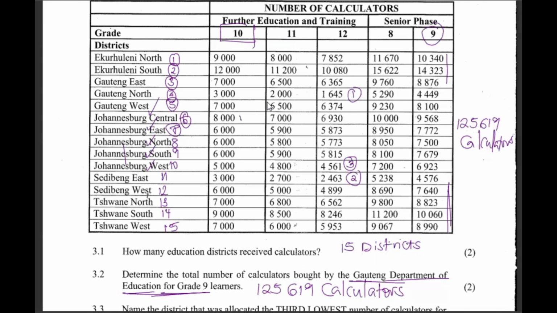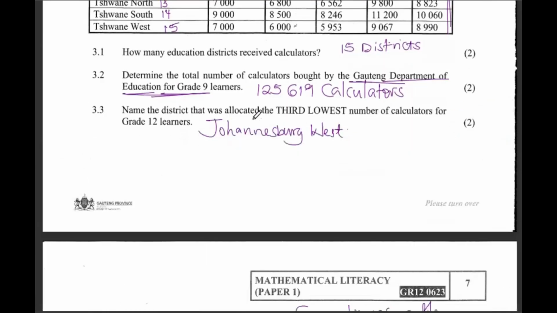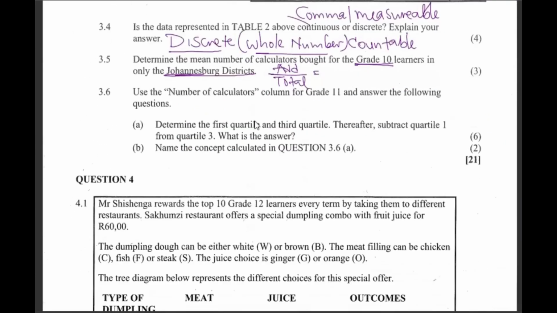That means we're going to add the 8,000, 6,000, 6,000, 6,000, and 5,000. So how many 6,000s we have? So simple mathematics has to show itself. We have 1, 2, 3. That means we have 6,000 times 3 plus the 8,000 plus the 5,000, everything divided by 5.